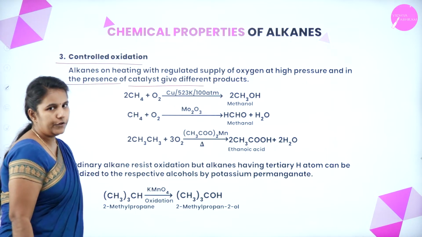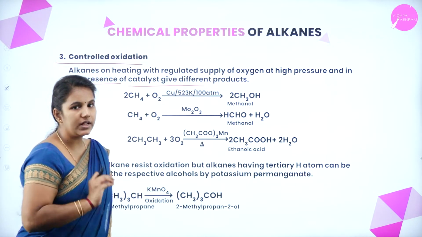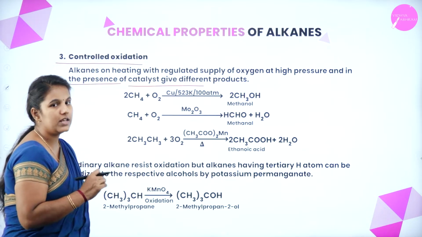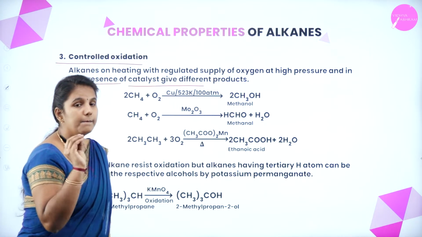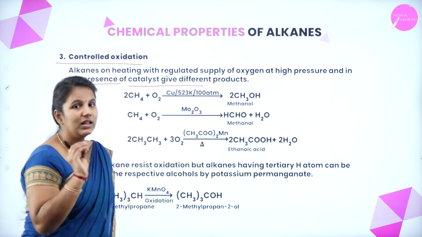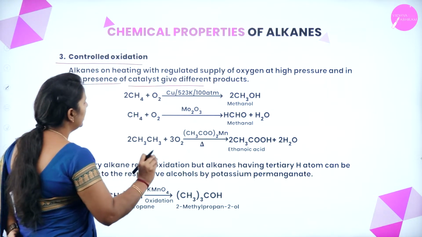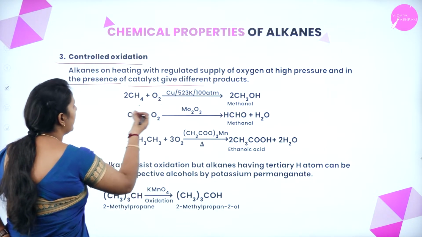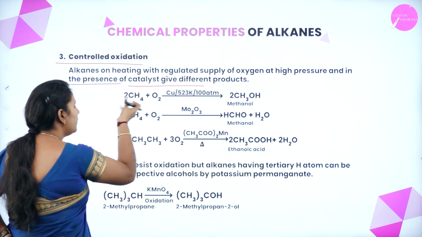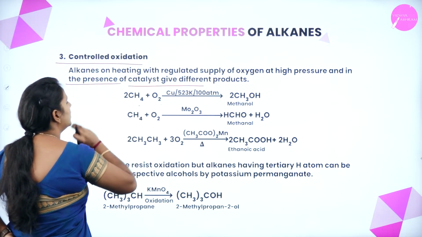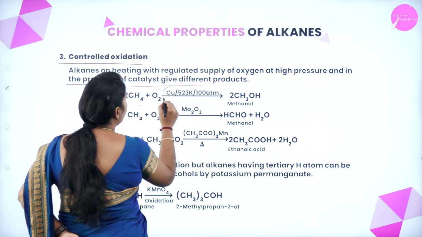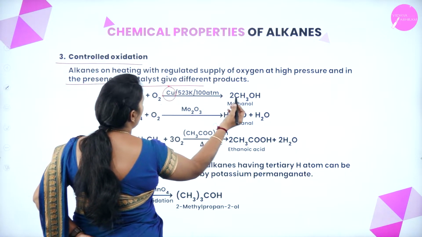By using a different catalyst, we can give rise to a different product also, and this type of reaction is known as controlled combustion. Here you can see that methane reacts with oxygen where you are supplying only the required quantity of oxygen to combust this methane. In the presence of copper as a catalyst, it forms what?